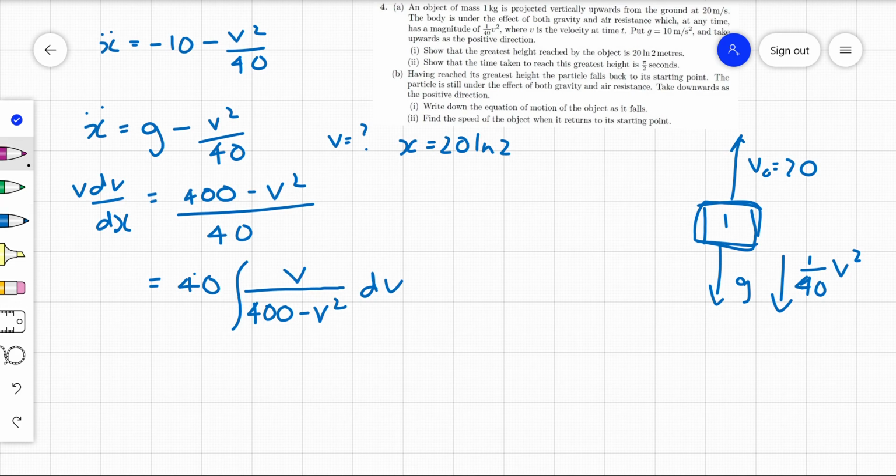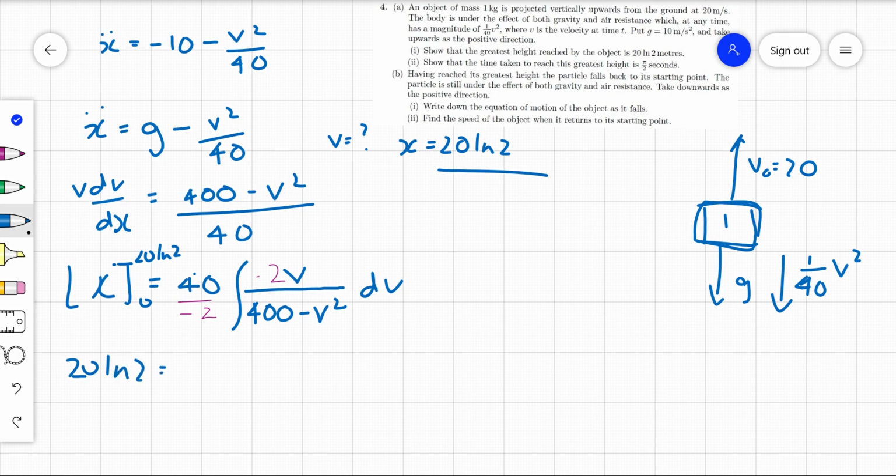And remember, to make it a log, I need a -2, so I'm going to have a -2 here as well. On the other side, I'm integrating dx, and remember we said x is going from 0 to 20 log 2, so I know this is going to be 20 log 2. But otherwise, if I'm using definite integrals, I'm going from 0 up to 20 log 2. So I do get 20 log 2 when I do that.